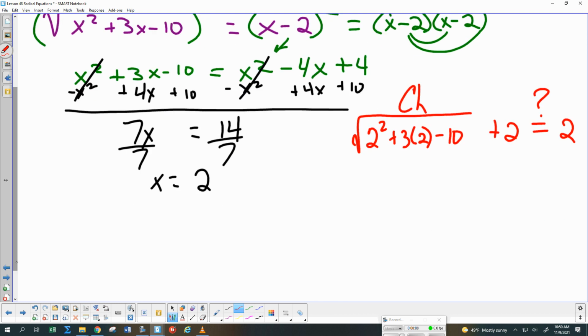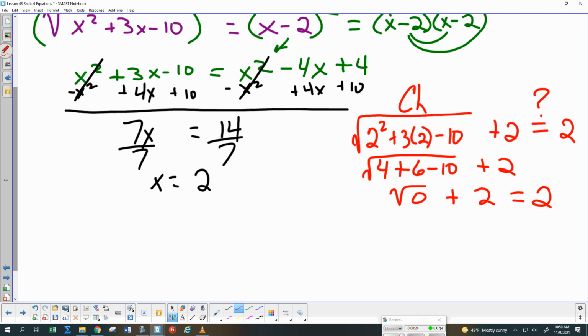So let's see. 4 plus 6 minus 10. What's 4 plus 6 minus 10? What's the square root of 0? So 0 plus 2, is that 2? So it worked. So we get to keep that as our solution.